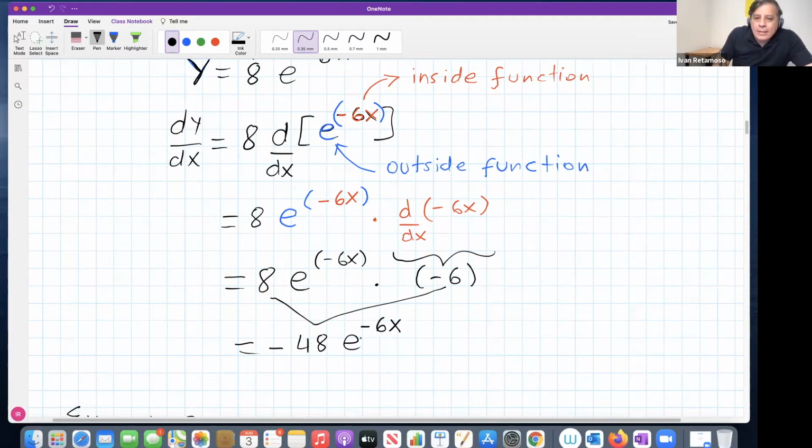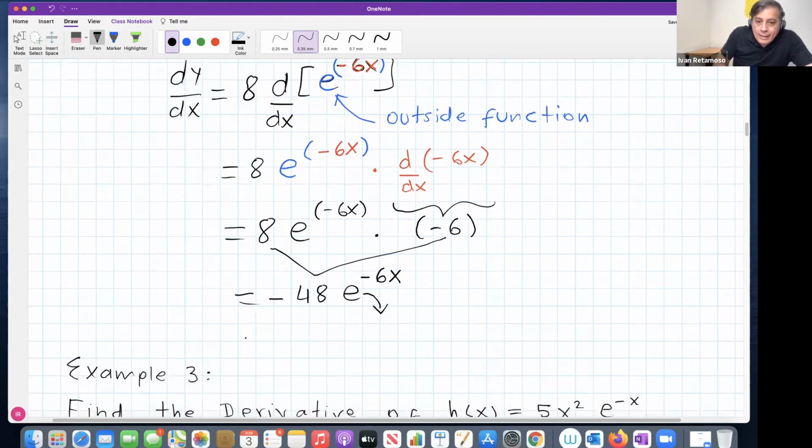So most likely this is what you will see as your final answer, right? But moreover, mathematicians often have issues with negative exponents, right? They don't like to see negative exponents as part of final answers. So not a surprise, you might find your final answer on the multiple choices like this: minus 48 divided by e raised to 6x, okay?